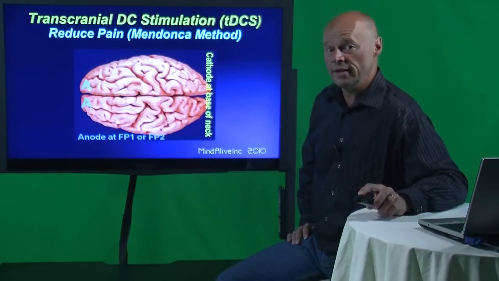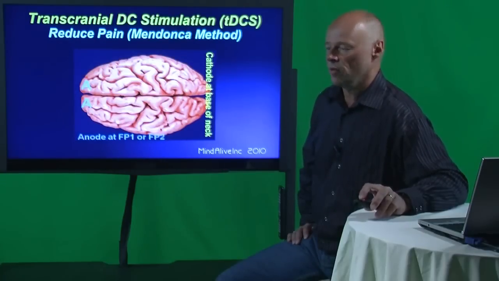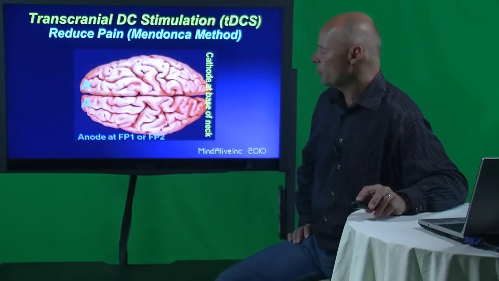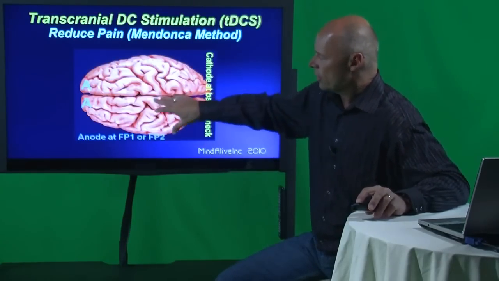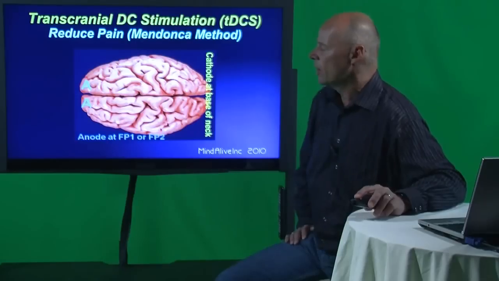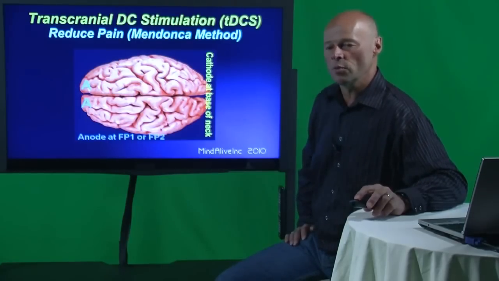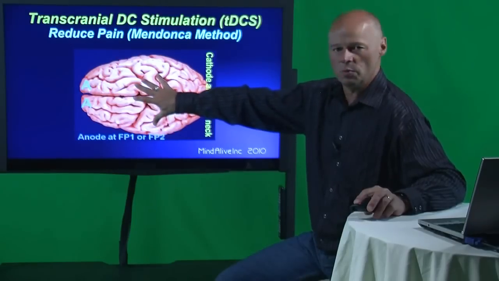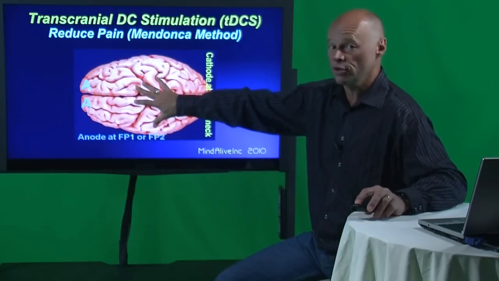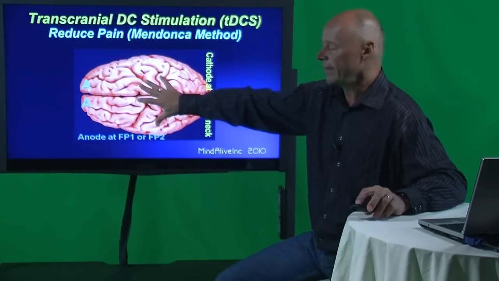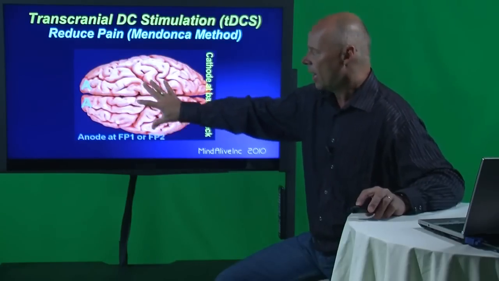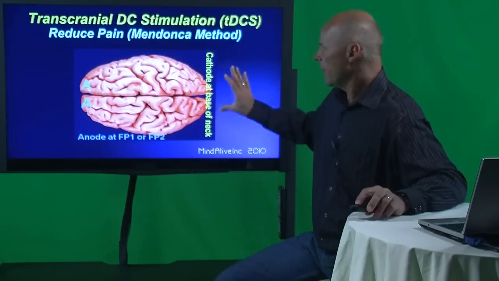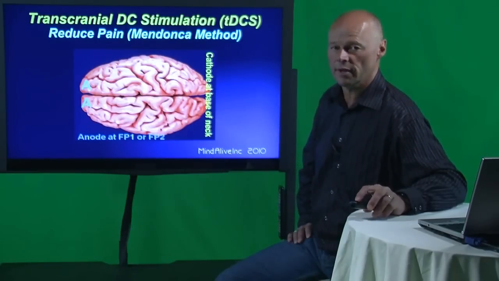And he found indeed that by putting the anode on the prefrontal lobes, he was able to reduce the perception of pain. He also reversed this and put the cathodes there as well, and found indeed that the anodes worked better. In my opinion, it's always better to work with anodes because the cathodes could impair attention and socialization ability and reasoning ability. So I would recommend also sticking with the anodes above those orbits and placing the cathode at the base of the neck.